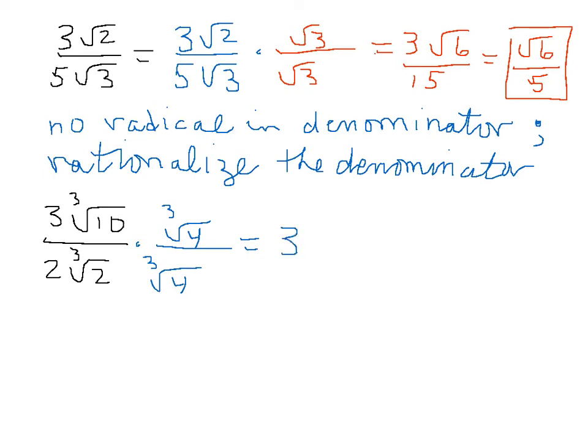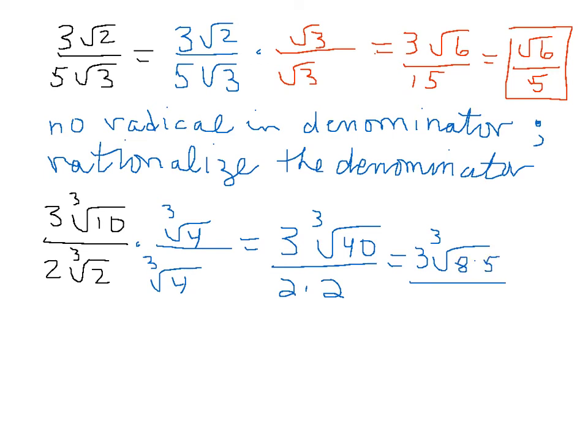And so that gives me 3 times the cube root of 40 over 2 times the cube root of 8, which is 2. And so my answer here is 3 times the cube root of 8 times 5, right, over 4.